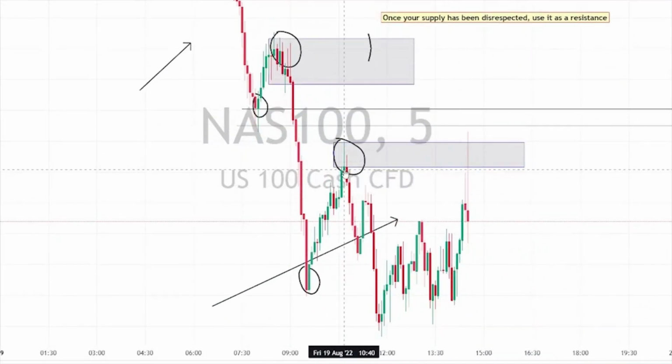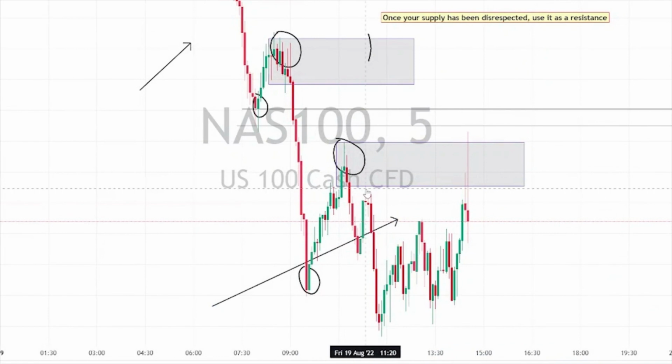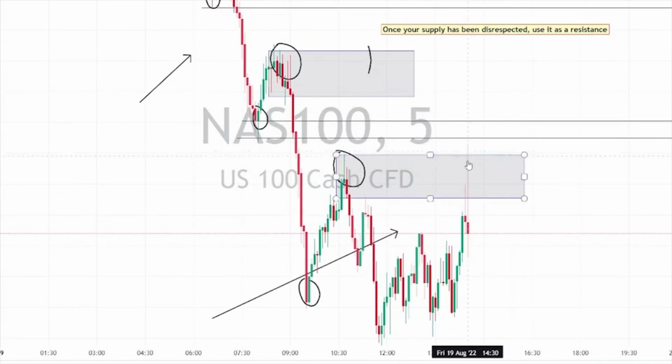So our supply here, the last up candle before the drop, dropped first. So there are stop losses above this place, so they grabbed liquidity. This is a liquidity grab candle.